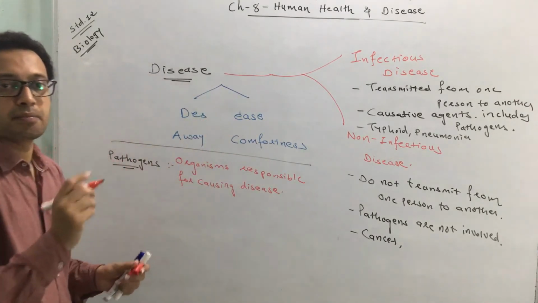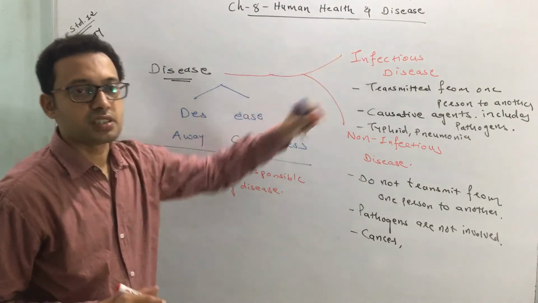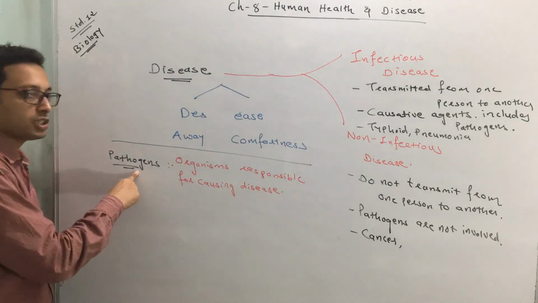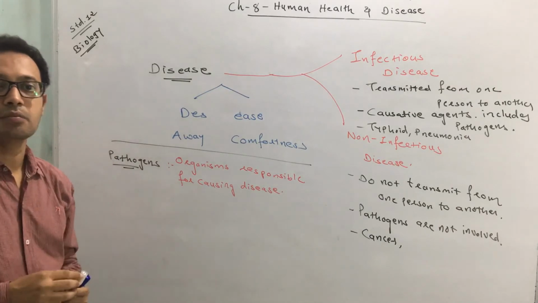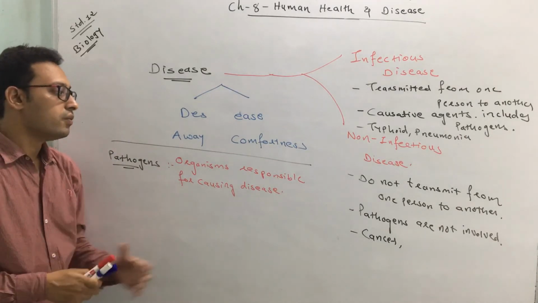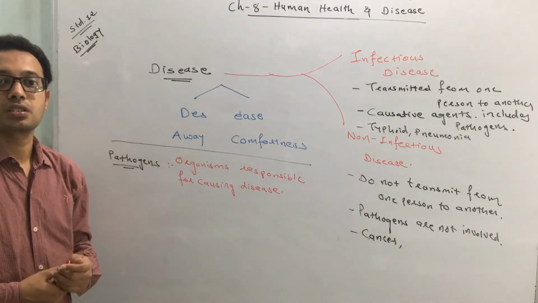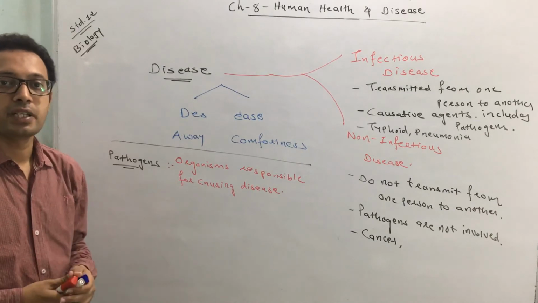They are called pathogens, and they have a role in infectious disease. Most of the time they are microorganisms, meaning small organisms, which are responsible for causing a disease. They are called pathogens.